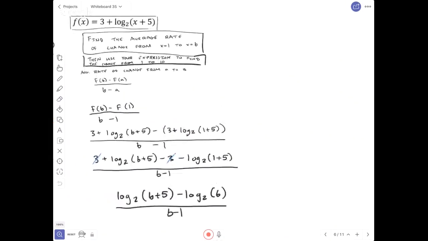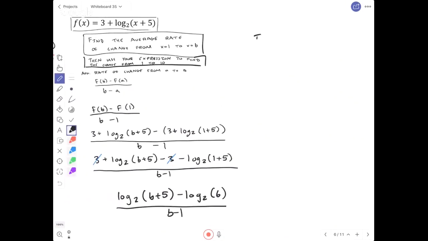So I have it. Now, if b equals 10, I'm going to have log base 2 of b plus 5 minus log base 2 of 6 all over b minus 1.